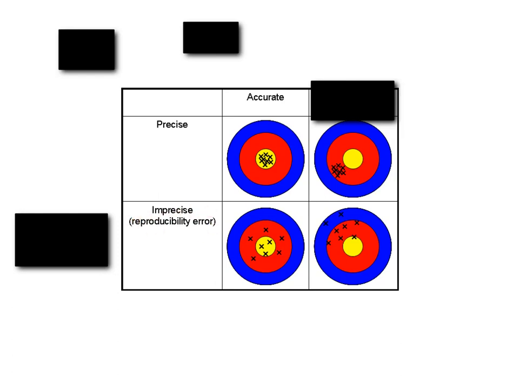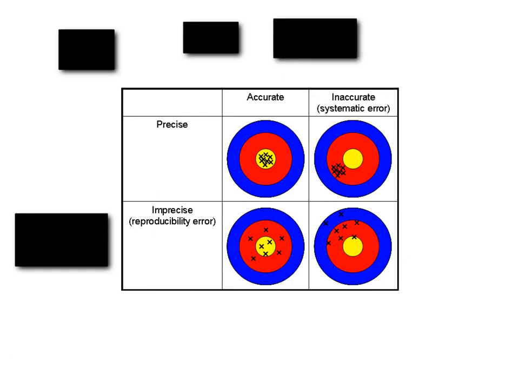So let's predict this next one. So these are still precise. These ones are imprecise. So what do we think is behind this box? I'm going to say not accurate or inaccurate. All right. So this is where we kind of talked about in the last slide a little bit about systematic error.